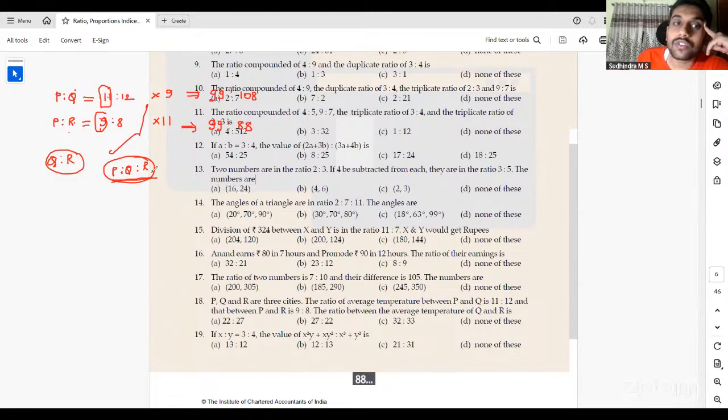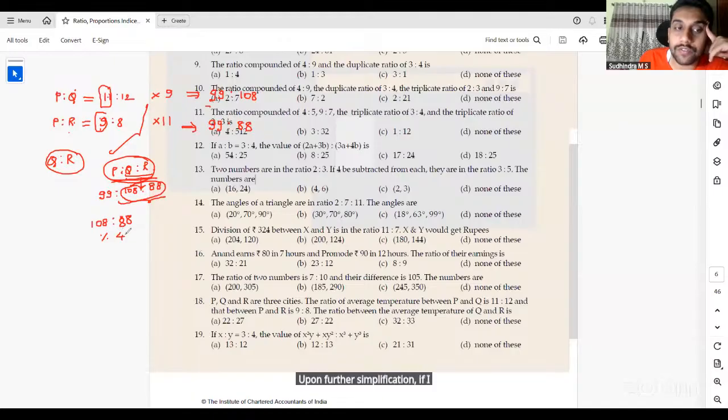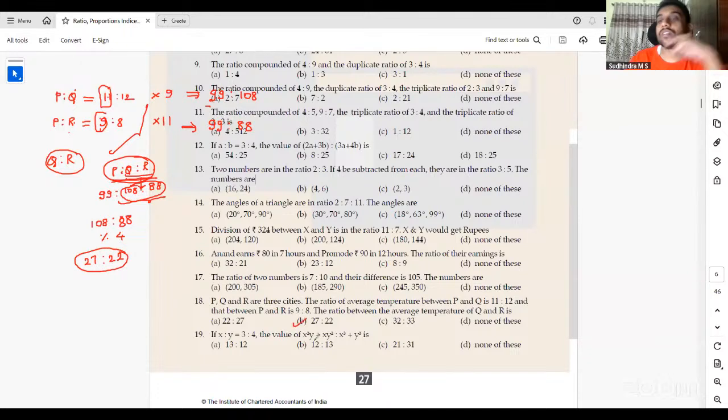So P is 99, Q is 108, and R is 88. Q is to R is 108 is to 88. Dividing by 4, we get 27:22 is the answer.